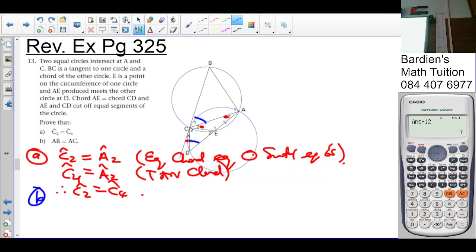Okay. So we are told that angle B is equal to angle D. Equal angles subtended by the same chord.